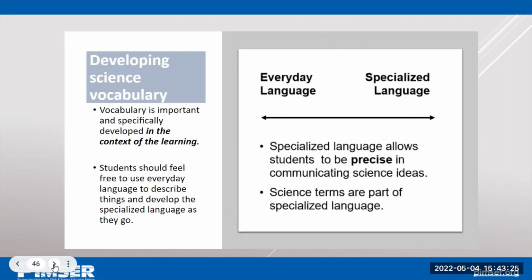Please encourage your students to share their ideas using their everyday language, and then realize that you're moving towards that specialized language as they go. We want students to develop specialized language to be able to be precise in communicating about their science ideas. And the science terms are often complex. They're definitely part of specialized language.